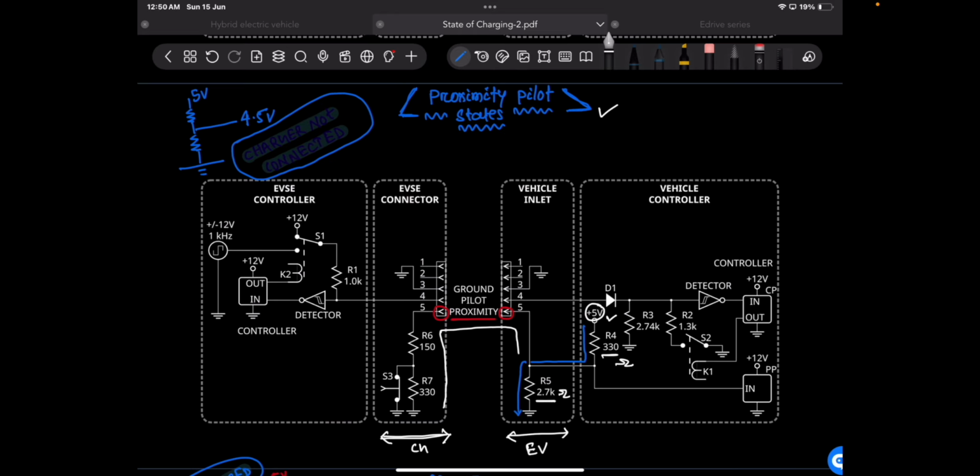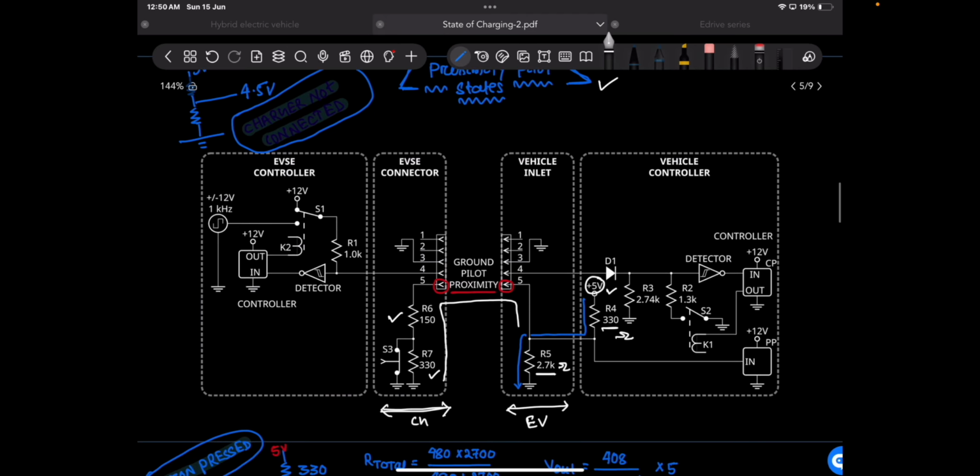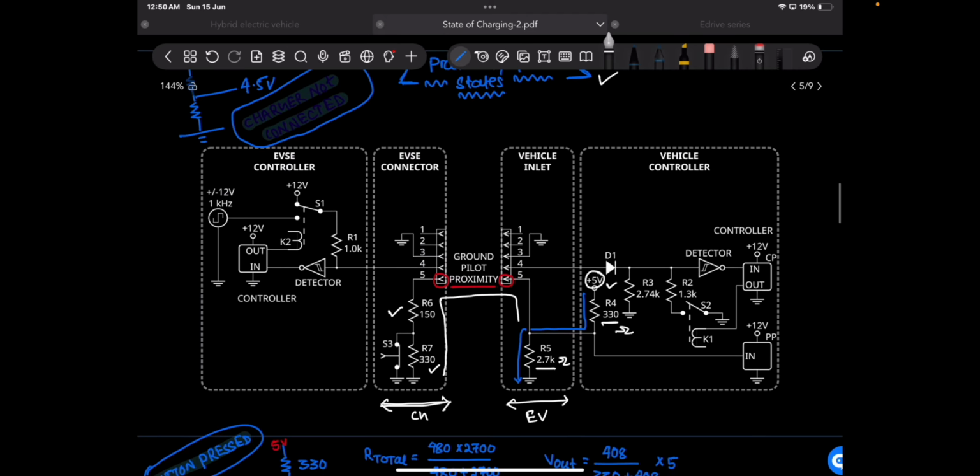On the charger side, you have a 150 ohm resistor, and you also have a resistor of 330 ohm. So these are the basic elements present on the charger side as well as on the electric vehicle side.